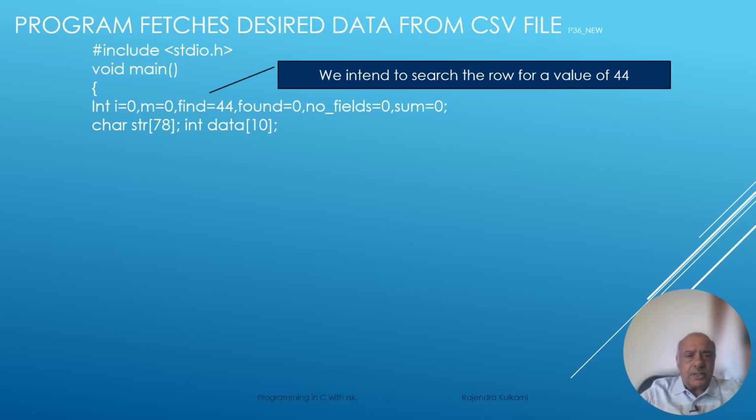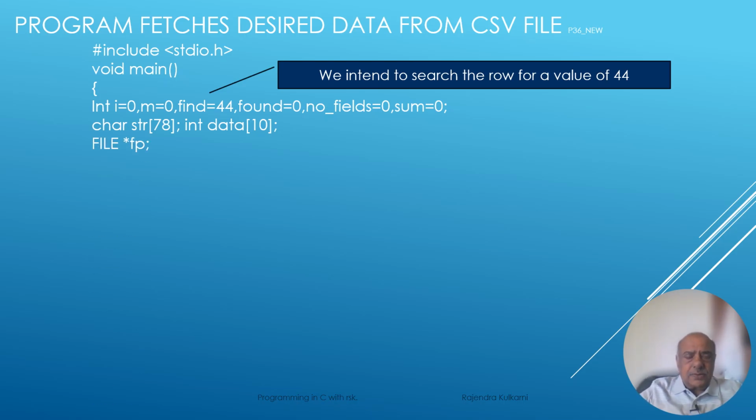That string will be assigned by the read function to the string str, and that string now contains the data of interest for us, and the only thing that remains to be done is that the string will be converted into formatted values. In this case it will be int values or int constants, and those constants will be assigned to the array data.